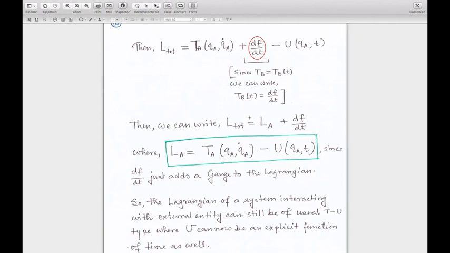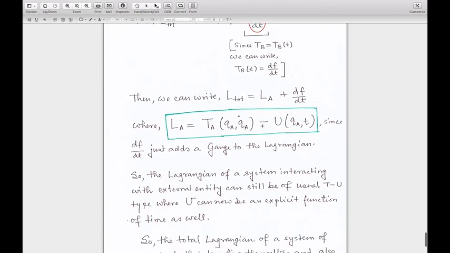If you can write that, then only you can say that L tot and LA are just differing by df/dt, so both of them are giving the same equations of motion. So LA is not different from L tot.